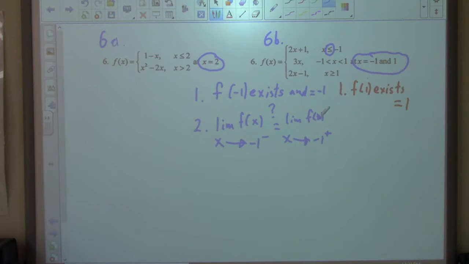So I put a question mark because we don't know, right? So let's go ahead and do this. We put the left one here, 2x plus 1, and over here I'm going to put equals 3x. And now what do we plug in here? -1, right? So 2 times -1 plus 1 equals 3 times -1.